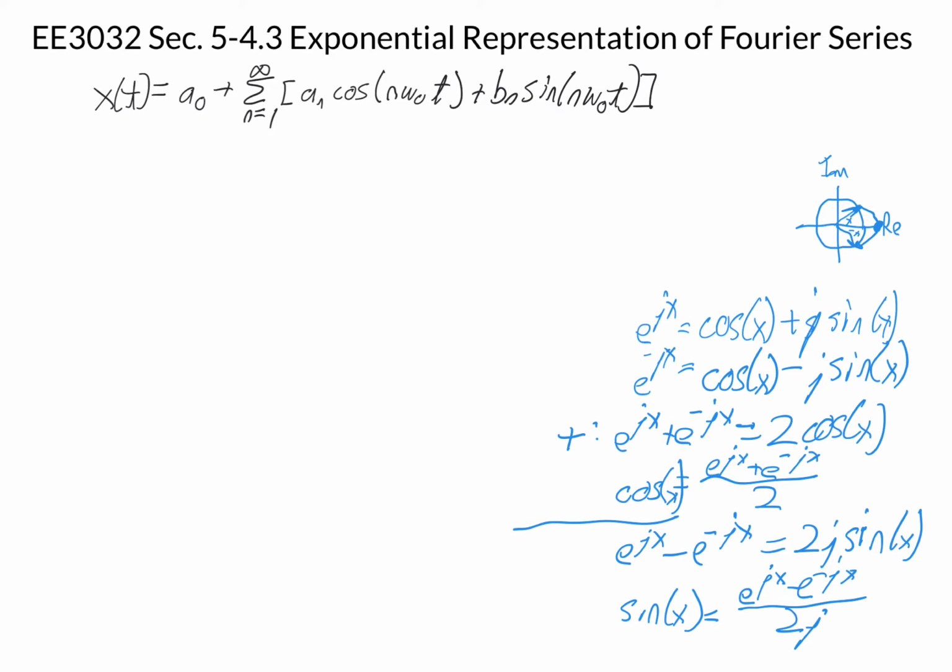On the other hand, I can also do a geometric interpretation of the sine. Here I have vector minus vector. So I now think of these as points in the complex plane, and the vector from e to the minus jx to e to the jx will represent this numerator.